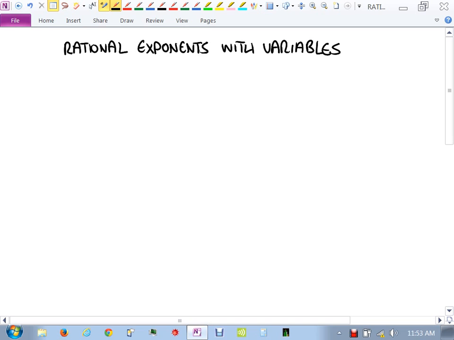So before I start this, let's recall some of the exponent properties. These are things that we should know about powers, basically. If I have x to the n times x to the m, anyone remember what that's equal to? Is it n times m or n plus m?